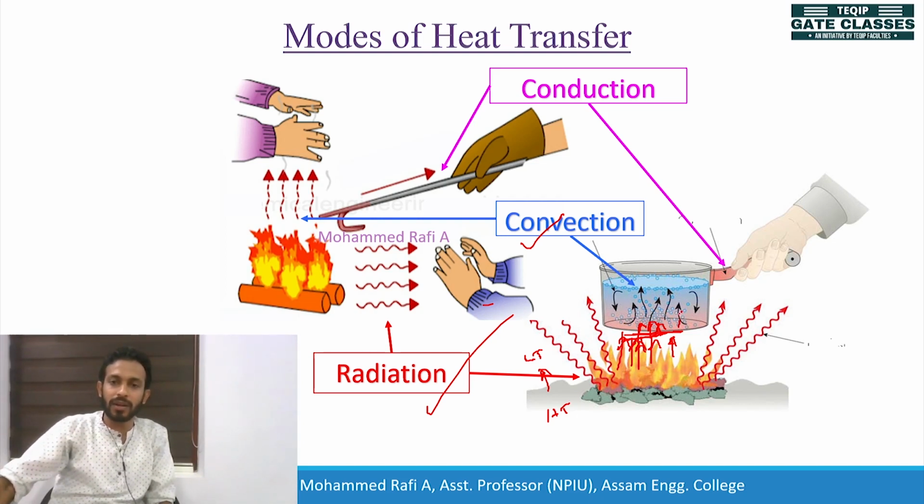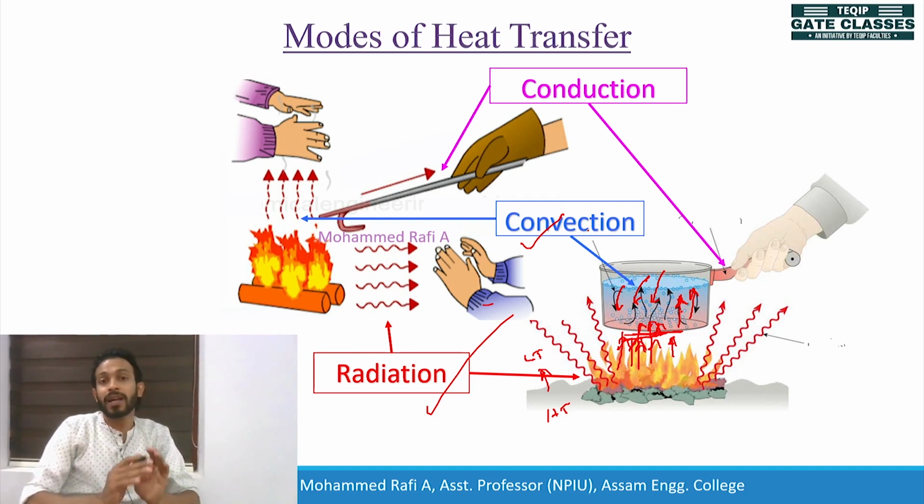The water molecules that get heated up move up, while the heavy water molecules, of higher density, move down. So there will be a circulation of water molecules, and thereby heat transfer takes place. That process is called convection. Heat transfer by bulk motion of molecules is called convection.